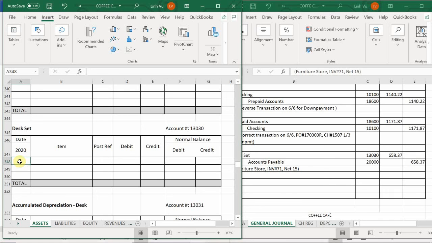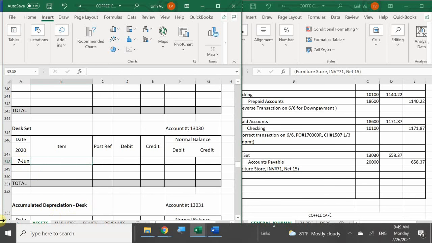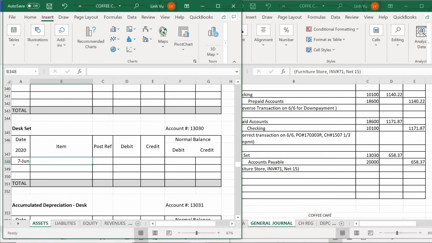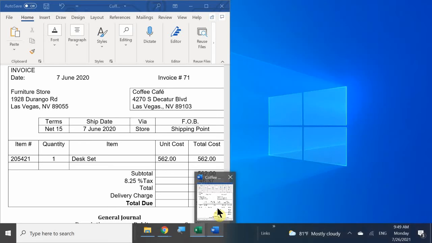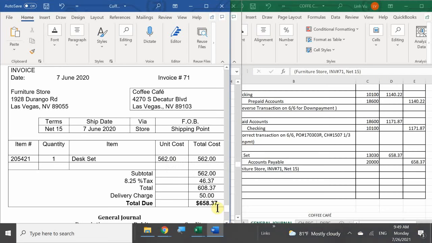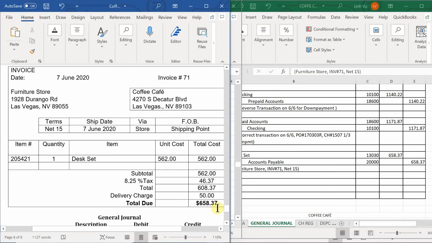Line number 345. It is June 7. In this case, it's up to you if you want to add whatever you want to add. So you could say the desk set was worth $562.